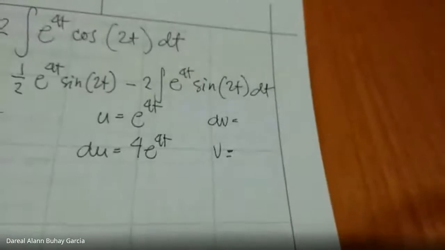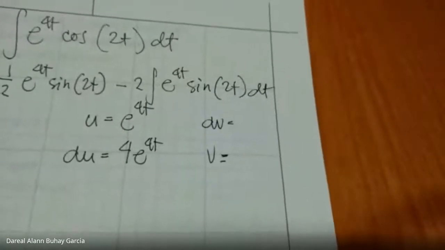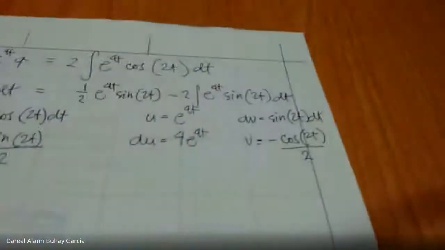Next, dv, same, sine 2t dt. So, v is negative cosine 2t over 2.